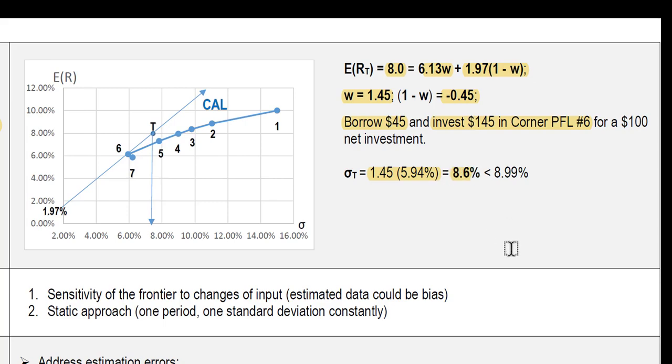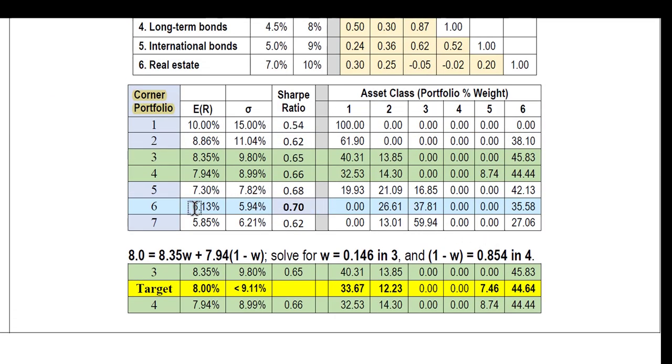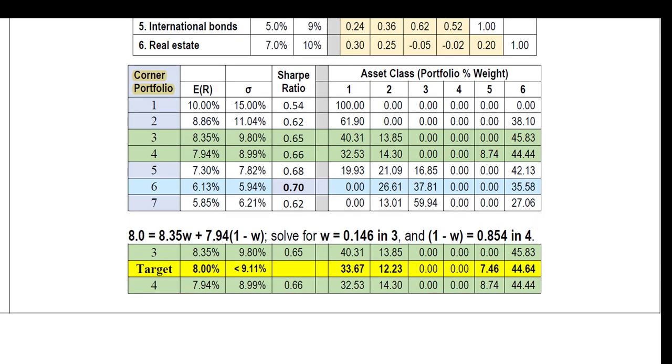This is much lower than what you'd get if you used corner portfolios 3 and 4 to reach the 8%, where the standard deviation would be much higher.